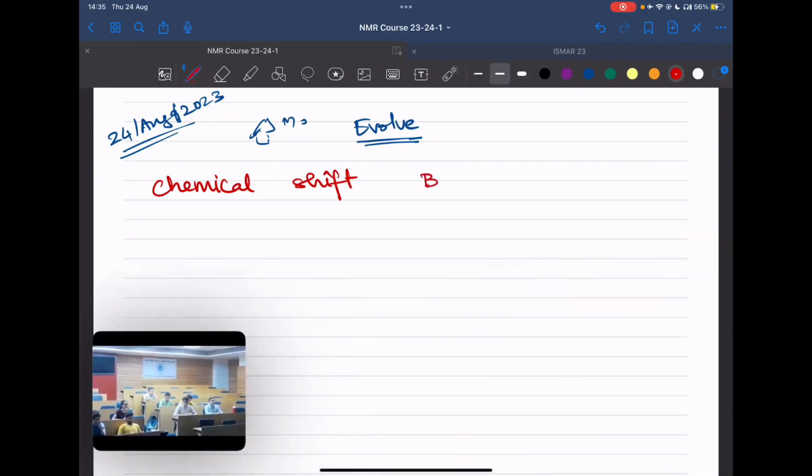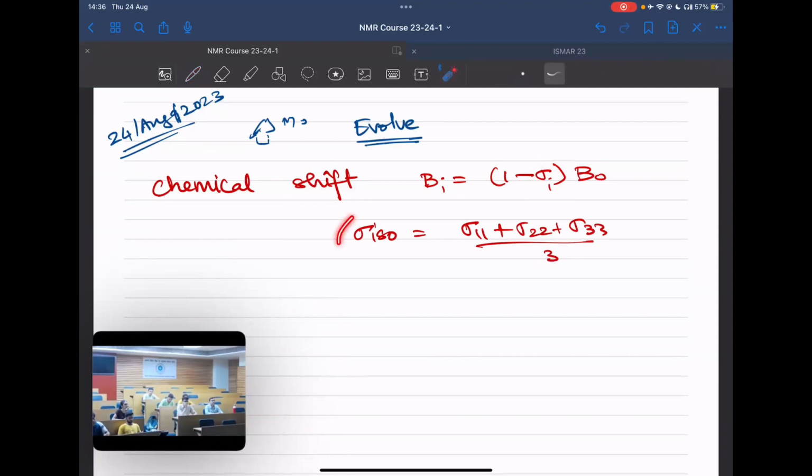For instance, the B field that's experienced by every given nucleus depends upon the shielding parameter. And I also said that what you measure in solution state is an isotropic shielding parameter, which is nothing but the trace divided by 3, indicating that you get only one scalar value for a 3-dimensional effect that is present in the system.